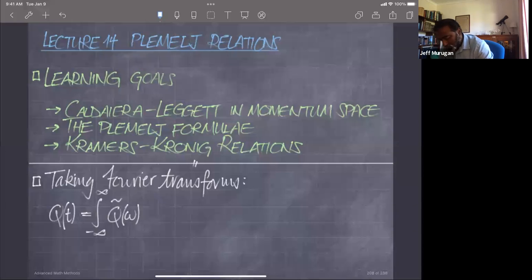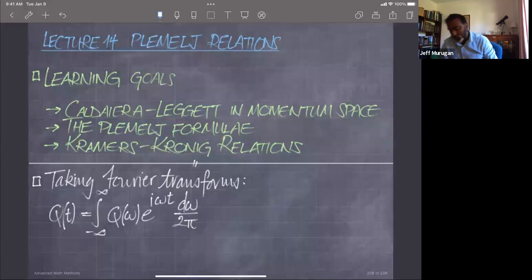So normally, I would put a tilde here to indicate that these are Fourier transform variables, but I'm going to denote the variable and its Fourier transform by the same letter, which is slightly abusive notation, but okay. And I'll denote whether we're in t space or omega space just by the functional dependence. So I'm not going to bother putting any tildes in there. e to the i omega t. And my normalization is going to be d omega over 2 pi.